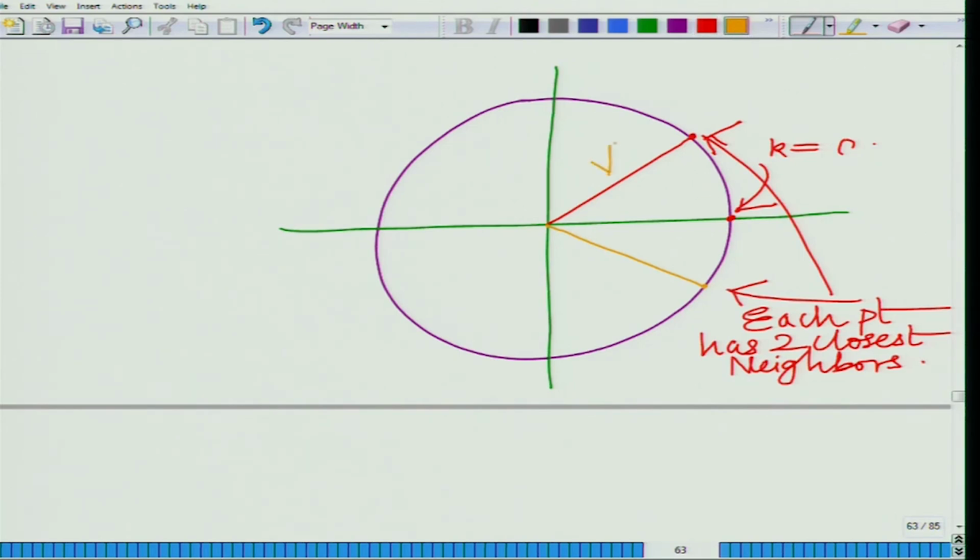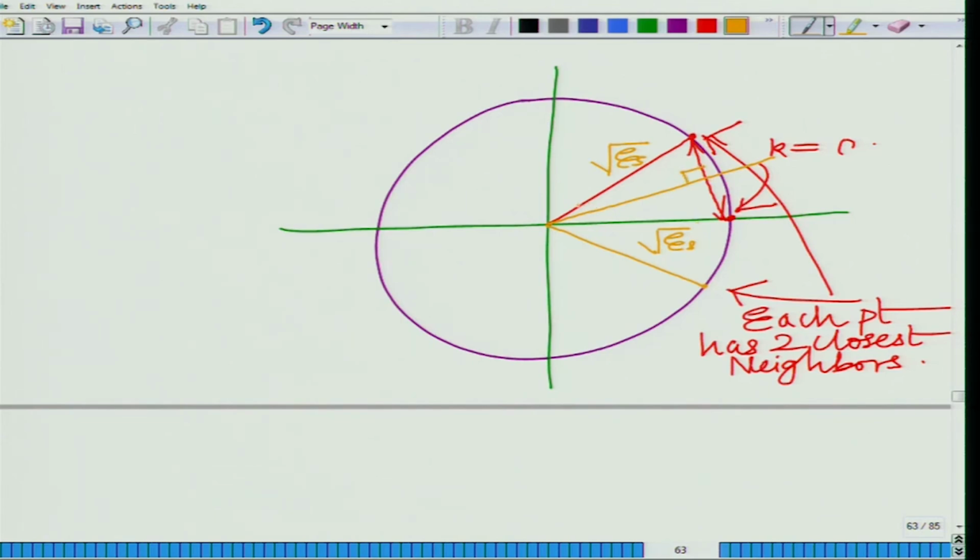Now remember, the radius is equal to square root of Es. Let us now look at the distance d min. If I draw a line from the center to the line joining these two constellation points, it is perpendicular.